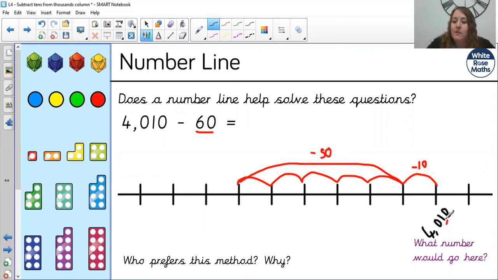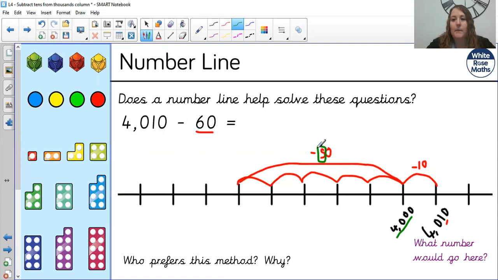So 4,010 take away 10 leaves us quite easily with that 4,000. And then because I've got 60 in total, my next jump is 50. Again, you can keep doing the tens if you find that easier, but 4,000 take away 50. And I'm going to use my green here, this 400 here, and this 5.